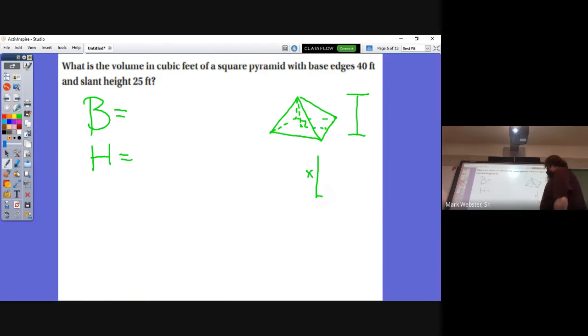Well, we know that the whole edge here is 40, so we just want half the edge. This is just going to be 20. So now let's Pythagoras our way through: x squared plus 20 squared equals 25 squared.